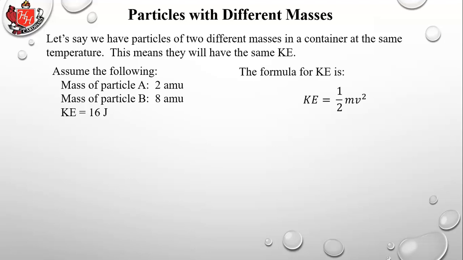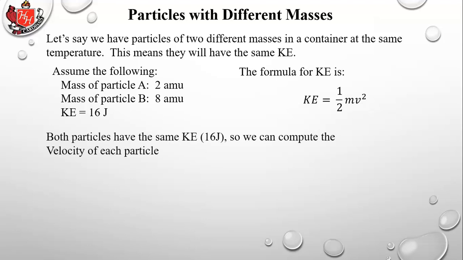So there's the formula again for kinetic energy. Both particles have the same kinetic energy, 16. So we can compute the velocity for each particle. For particle A, KE is 16 equals 1/2, and then the mass of particle A is 2 times the velocity of particle A squared. So we're doing a little algebra here to solve for the velocity of particle A. I won't ask you to do any of these algebra problems here.